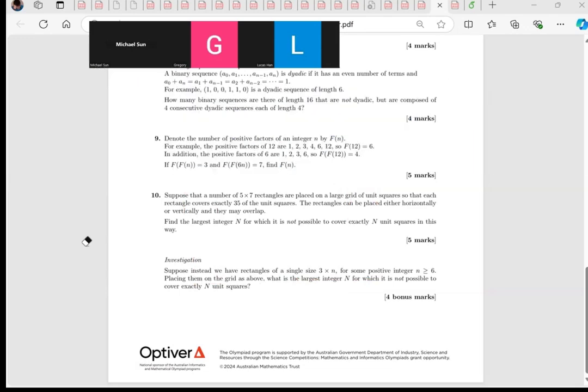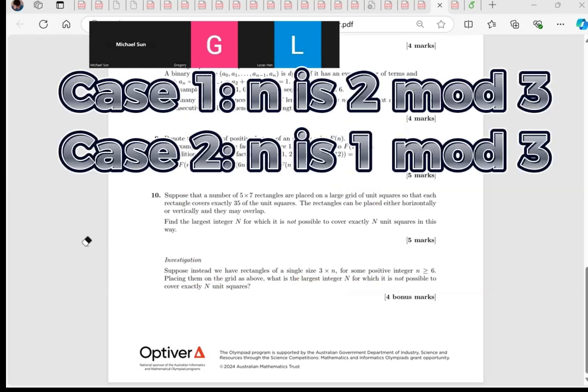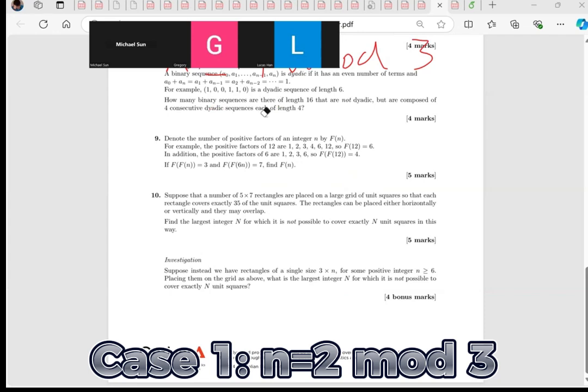We break it up into two cases: n is 1 mod 3, and n is not 1 mod 3. If n is 1 mod 3, I claim the answer is 4n minus 1.